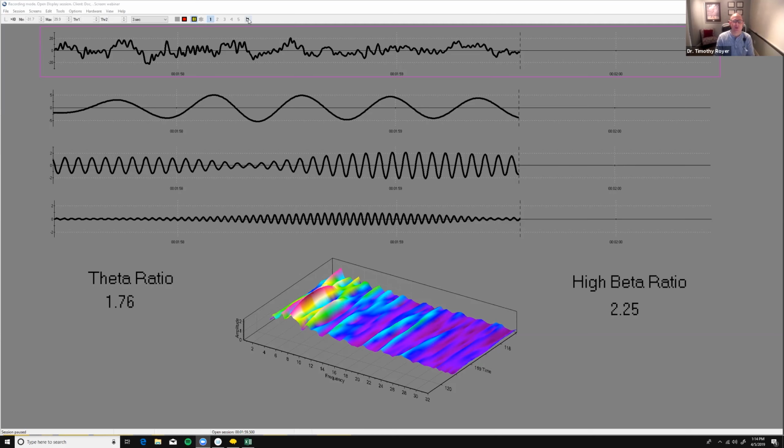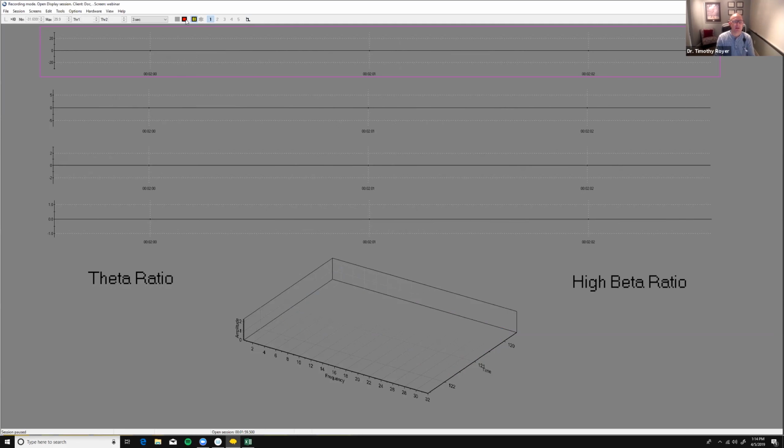So let's let mine run. I'll try to close my eyes and see if I can bring my high beta down. It's a little hard when we're talking, but let's go ahead and let this run for a minute or so. And then I'm going to transfer this into a graph that looks pretty cool.